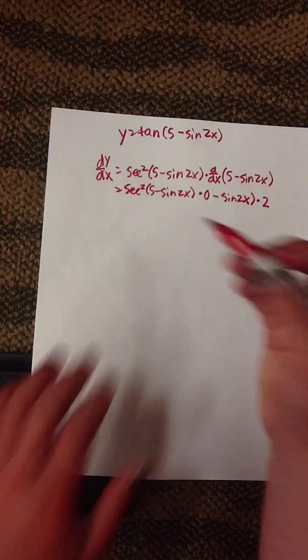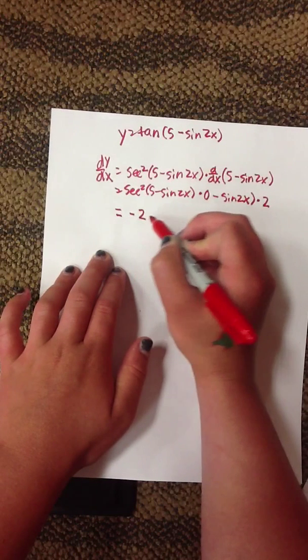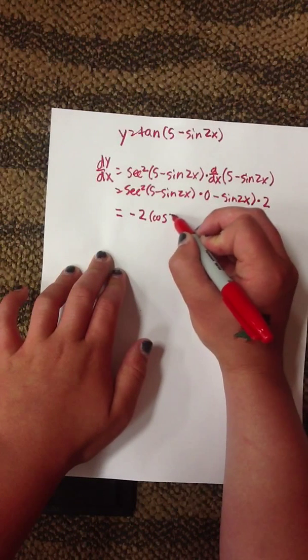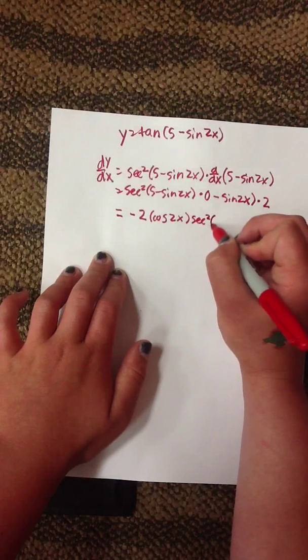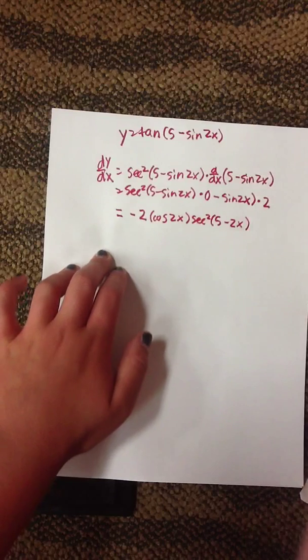So then, simplifying a little, we get negative 2 times cosine 2x multiplied by secant squared of 5 minus 2x.